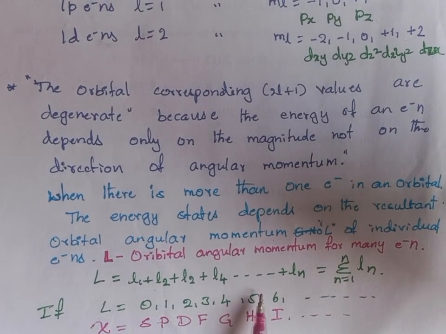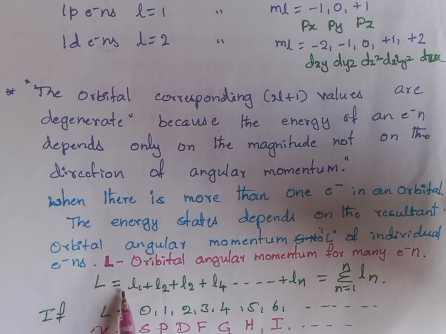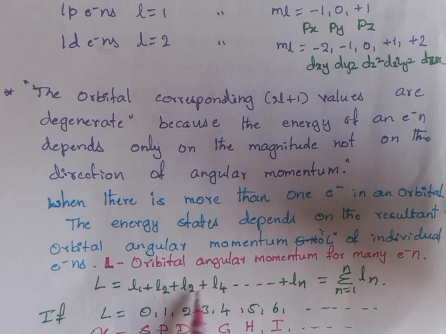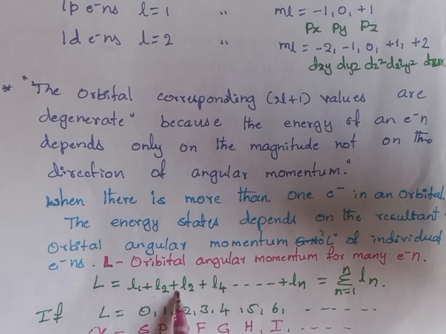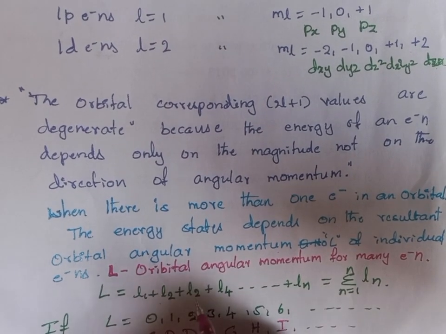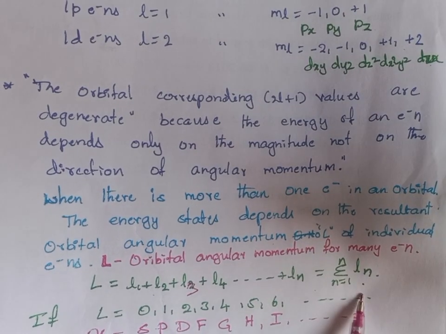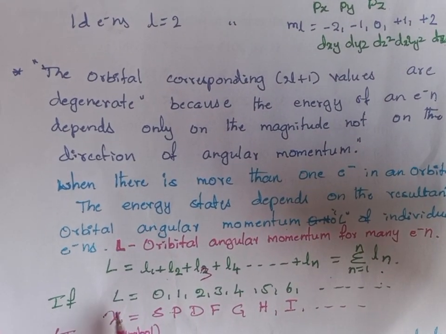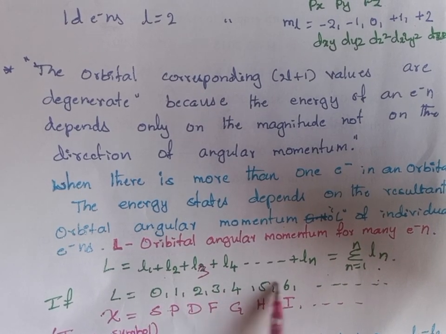Capital L can be described as the summation of small l: capital L equals l1 + l2 + l3 and so on, up to ln. It can have the values 0, 1, 2, 3, 4, 5, 6.